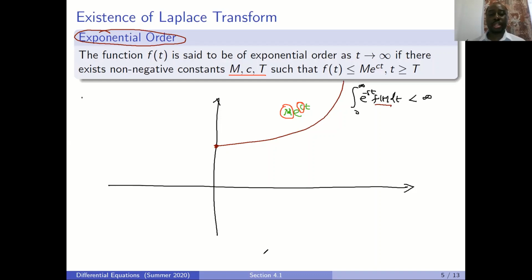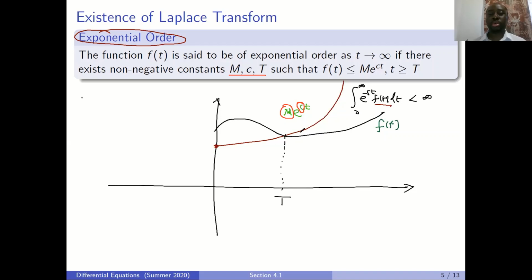Then we're going to say that a function f is of exponential order if after some time t, the function is always going to lie below this exponential function. So this is my function f of t.